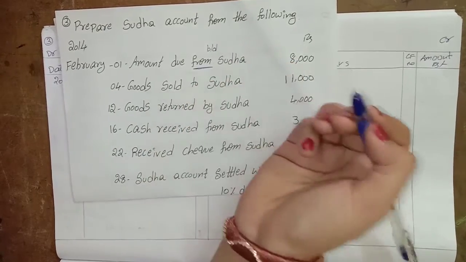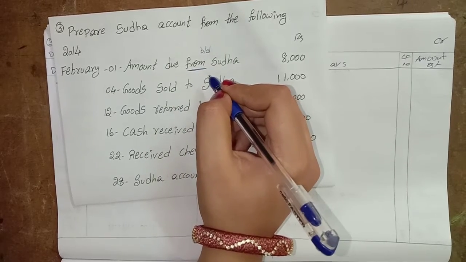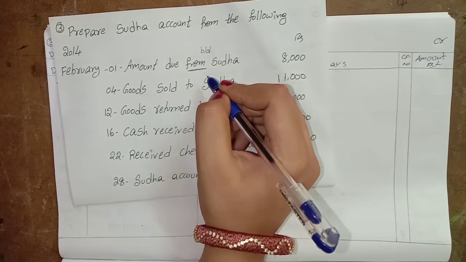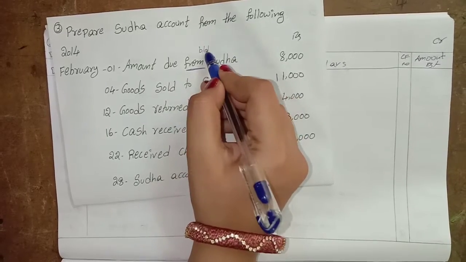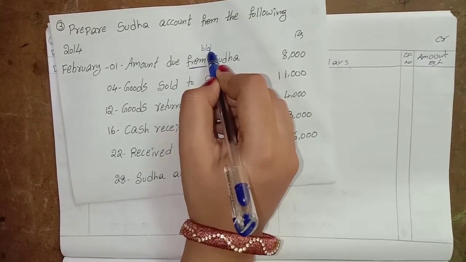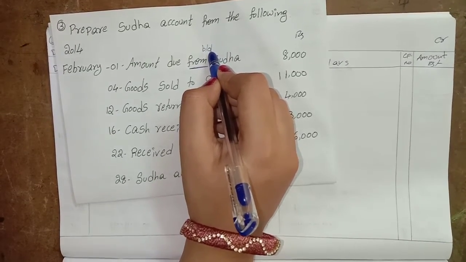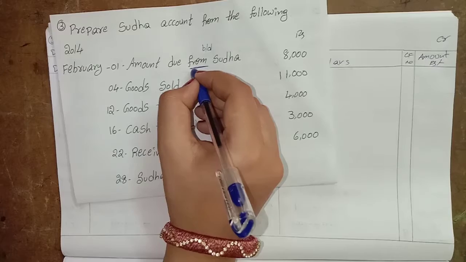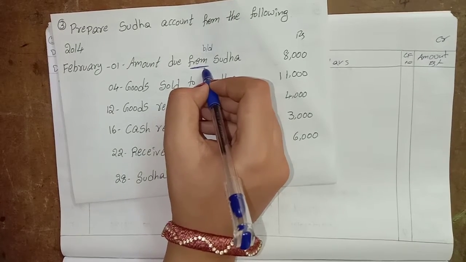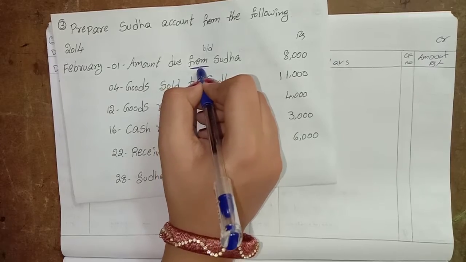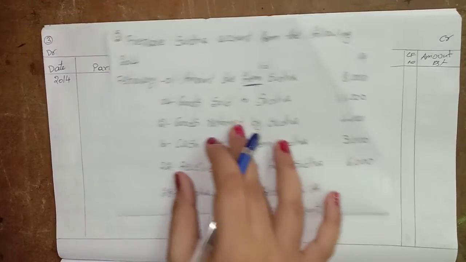So this due amount is carried from the before month of Sudha account. So this is balance brought down. Here it is mentioned from, so we have to enter this amount in debit side.